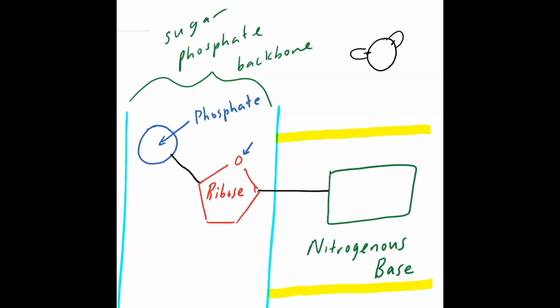Okay, so we should have that those bonds in the water molecule were covalent, and it's going to be the same in a nucleotide. The bond that's first connecting this phosphate to this ribose is going to be covalent. Those are both covalent bonds. And then the bond that connects the ribose to the nitrogenous base is also a covalent bond. So this is one nucleotide zoomed in now to the side of the DNA molecule.